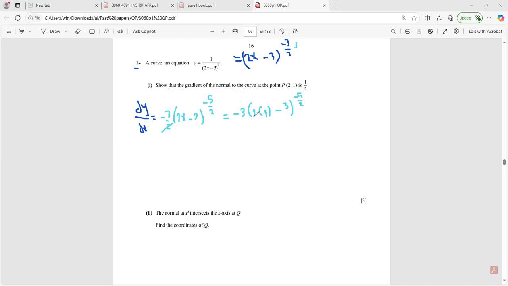So here 2 multiplied by 1, which is 2 minus 3, which is negative 1, to the power negative 5 out of 2, under the square root.